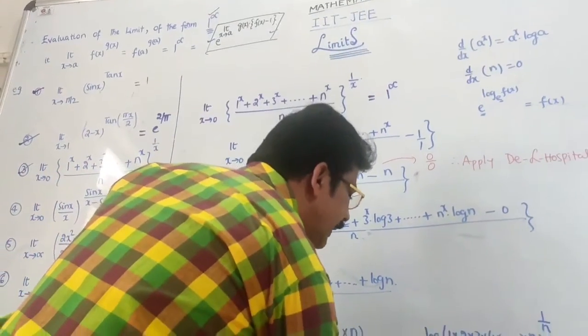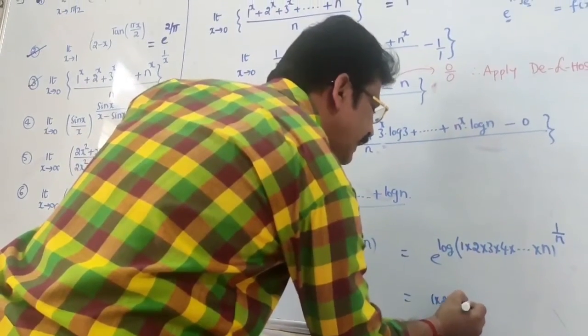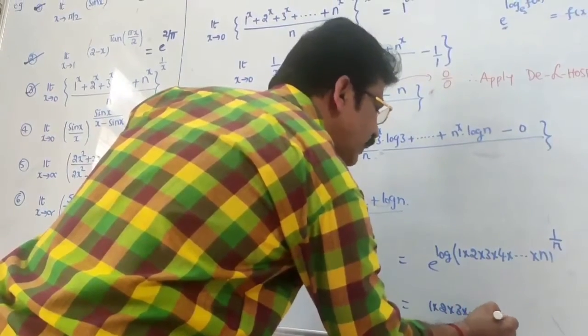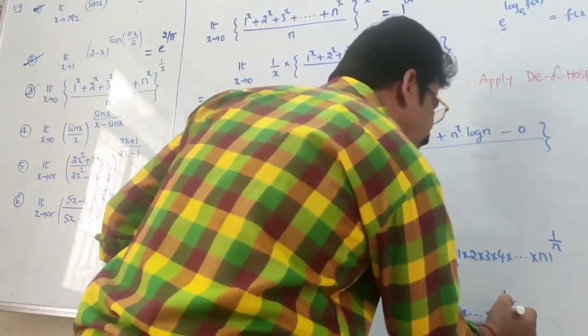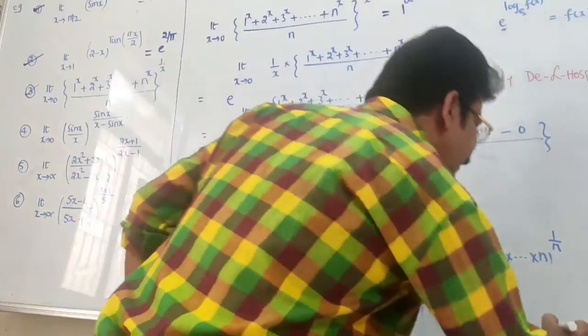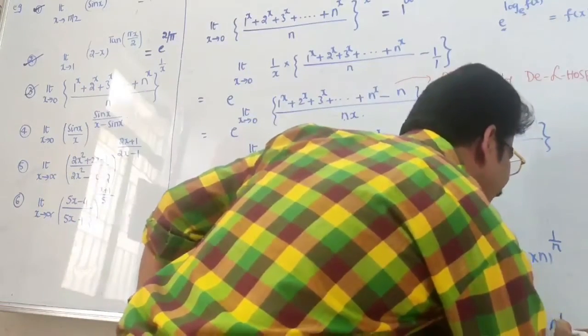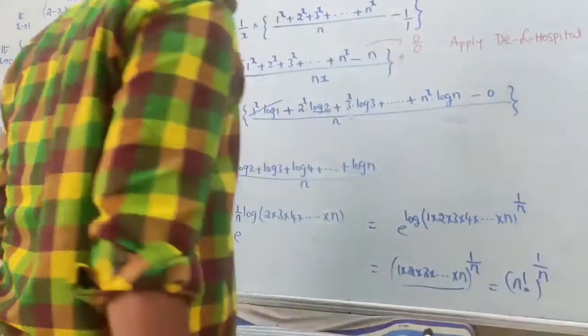So therefore it is 1 into 2 into 3 into and so on into n whole to the power of 1 by n. So that is equal to, actually this is n factorial. It is n factorial whole to the power of 1 by n.